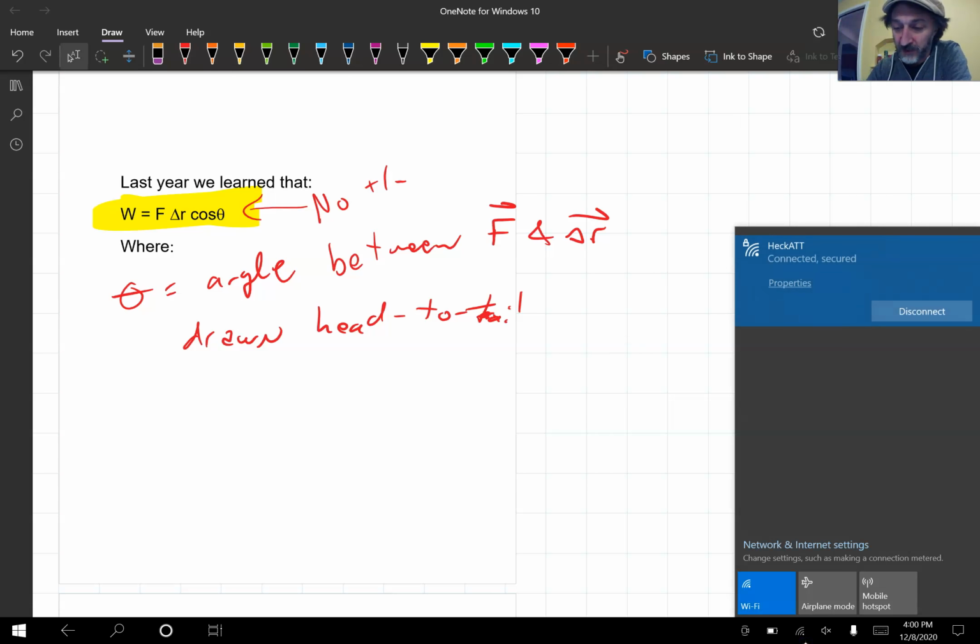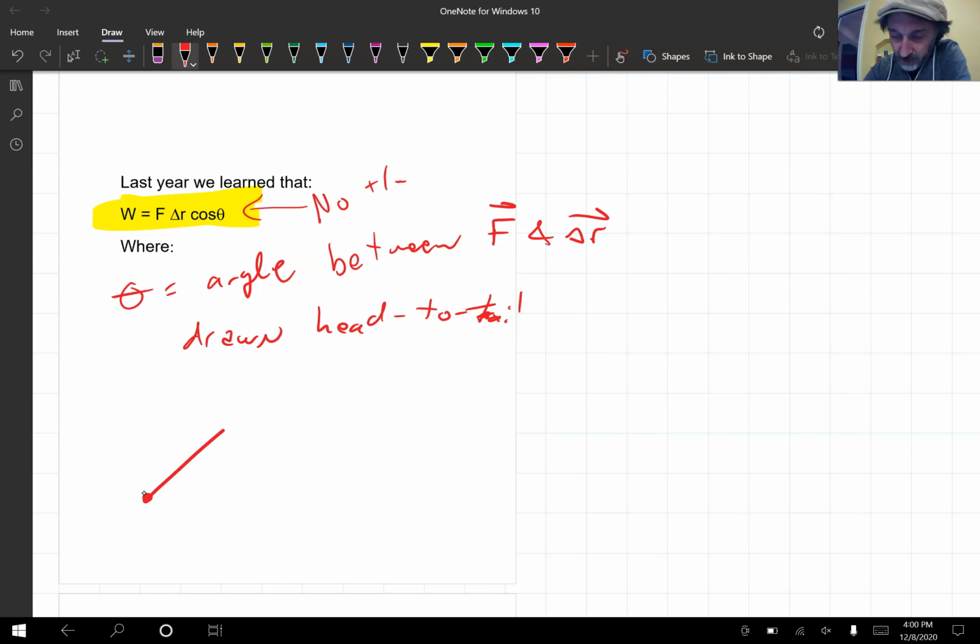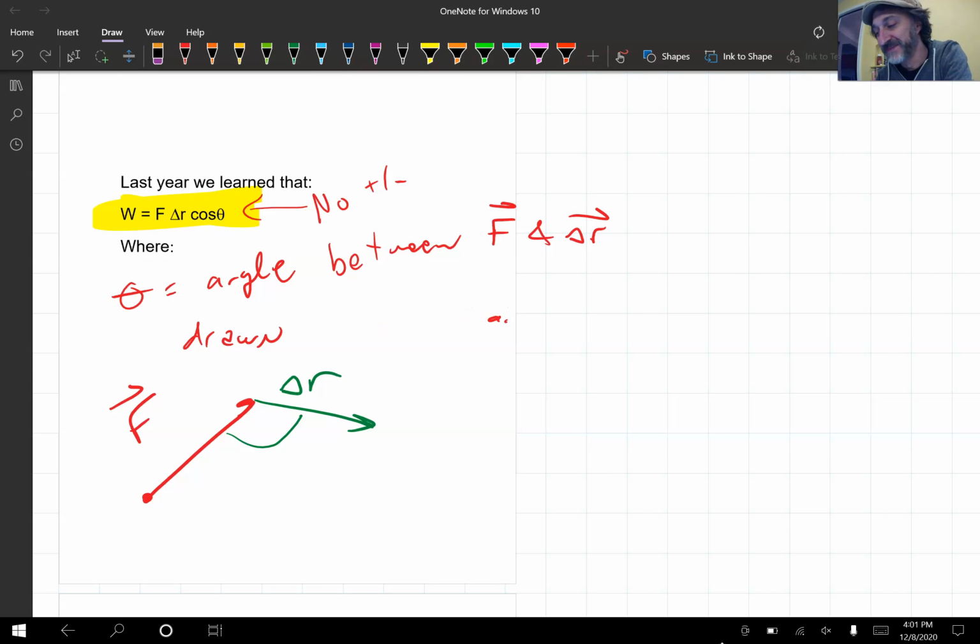If this is your force vector and this is your displacement vector, then to find the angle between them, you do not place them head to tail, like you do when you add vectors. So this would not be the angle. What we want to find is the angle between the force and the displacement vectors when they're drawn tail to tail.